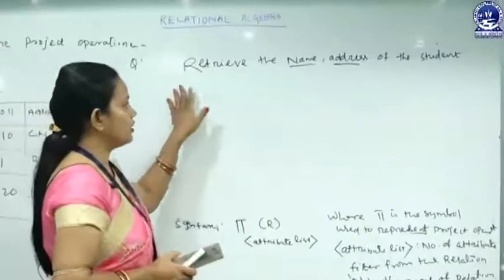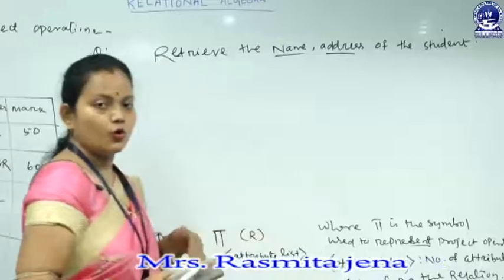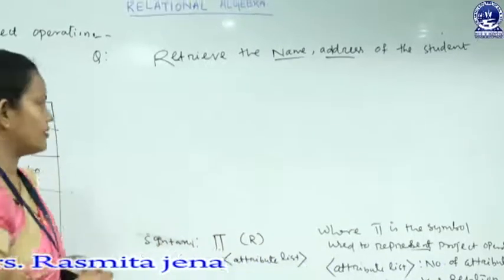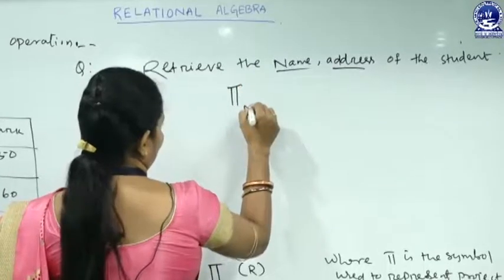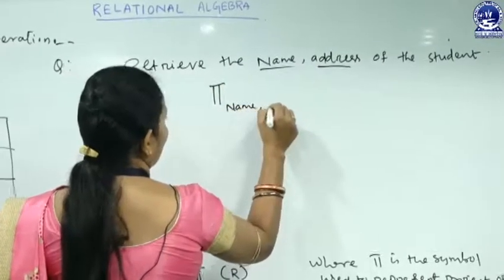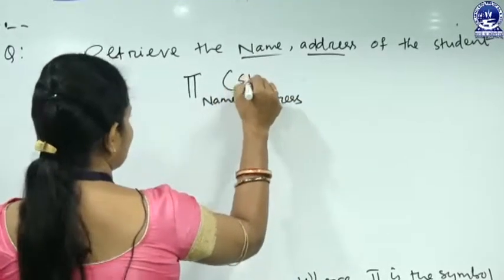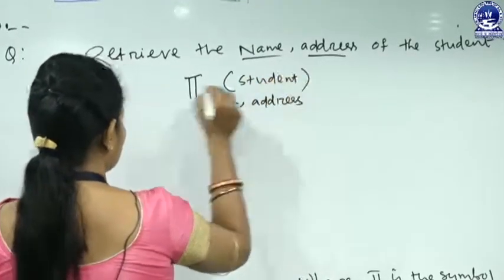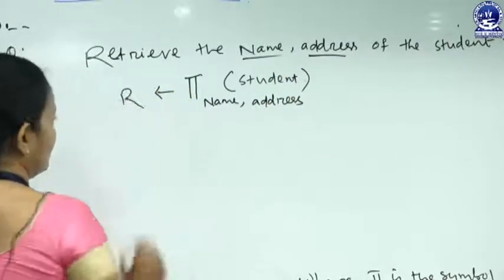If the given query is to retrieve the name and address of the student, then we must write the relational algebra expression as projection name, address, and the name of the relation is student. We must store the result in another relation, suppose R1.